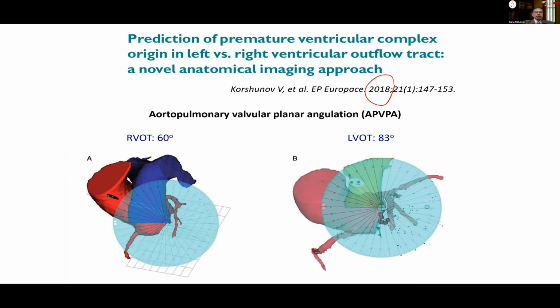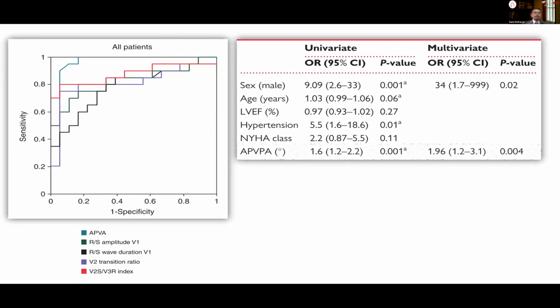They found that a bigger aorto-pulmonary valvular planar angulation shows the possible origin from the left side of the ventricle, or the LVOT. They showed that this has a good ROC curve and significant predictions in multivariate analysis.